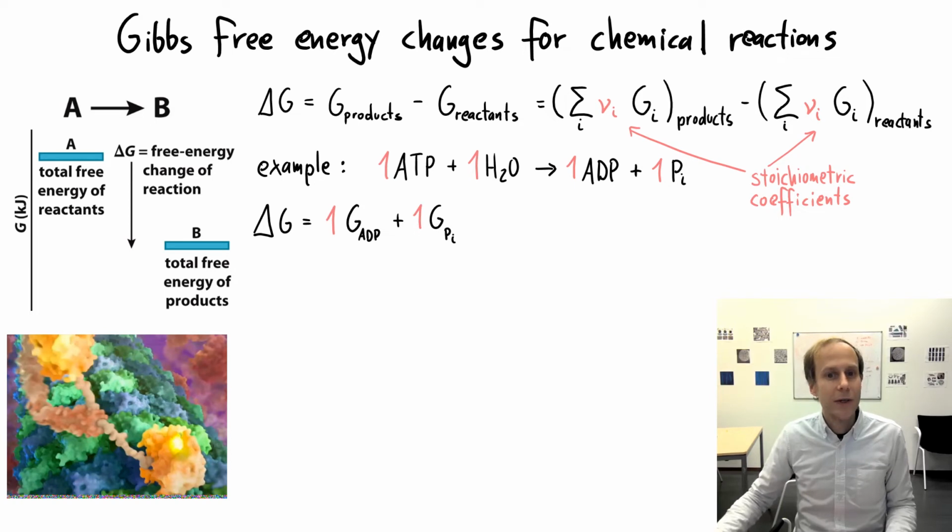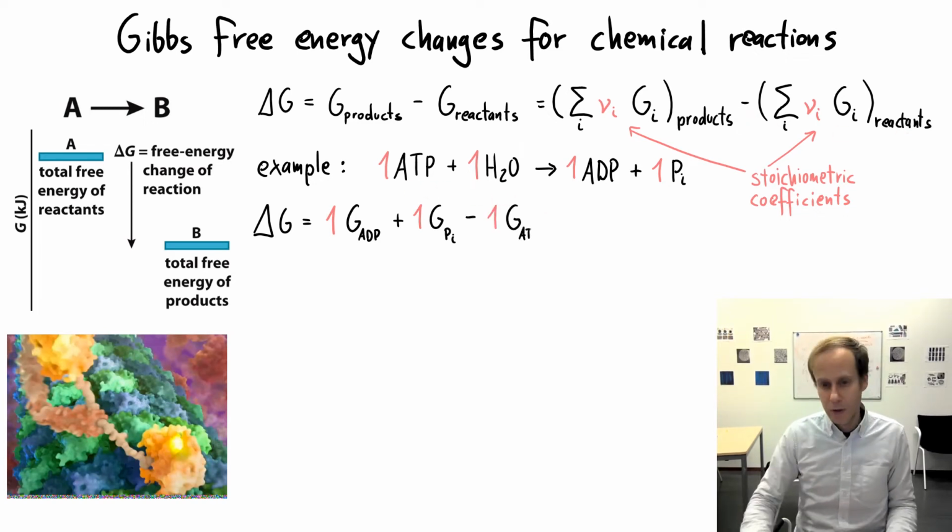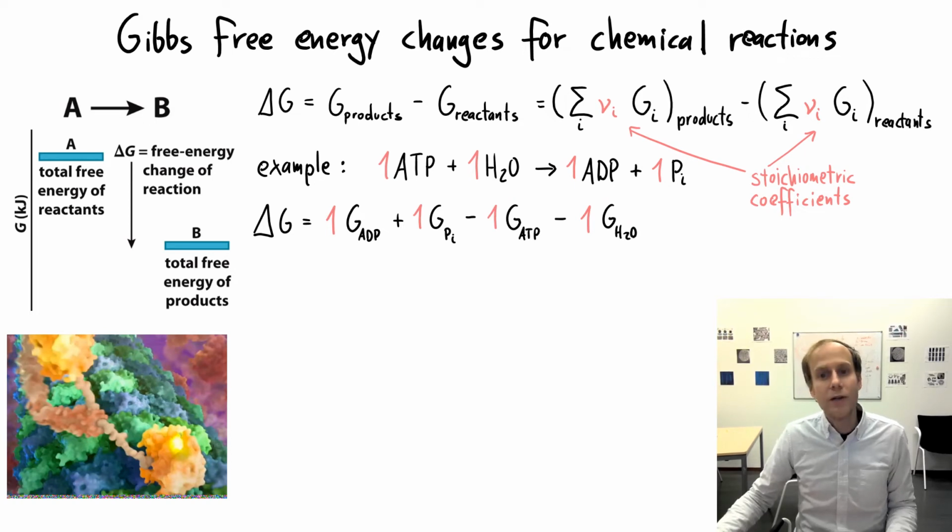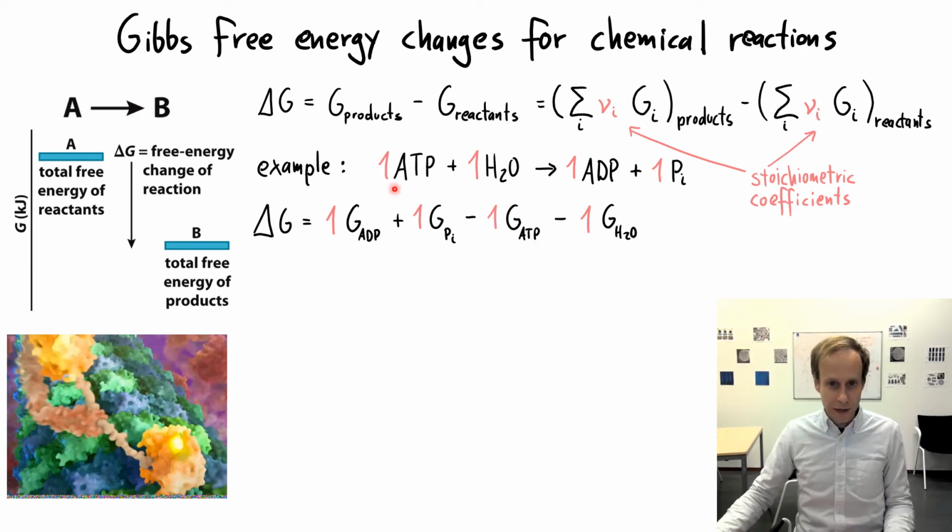And here comes the product side: 1 times the free energy of ADP plus 1 times the free energy of the inorganic phosphate. And now we subtract the same summation, but this time for the reactants. So 1 times the free energy of ATP minus 1 times the free energy of water.